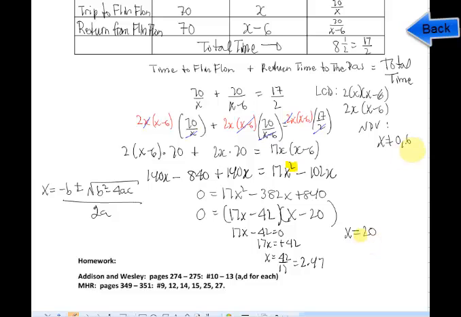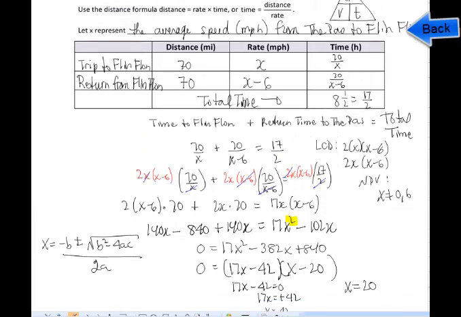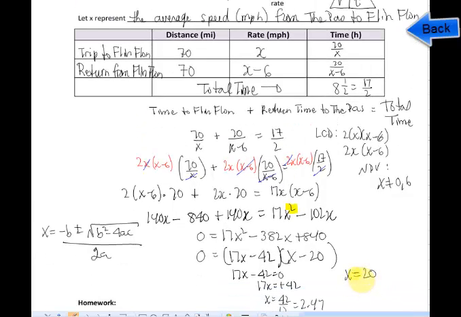Now, neither one of them conflicts with our non-permissible values, so let's see how they work in our chart. We know that x is the average speed in miles per hour from the pass to Flin Flon. So on our chart, that means it's right here. So let's say x equals 20. Then 20 minus 6 will give us 14. Okay, so that seems to work.